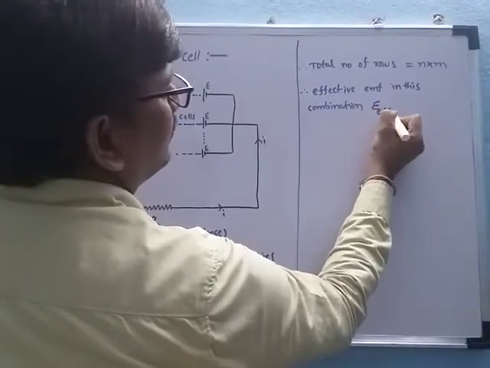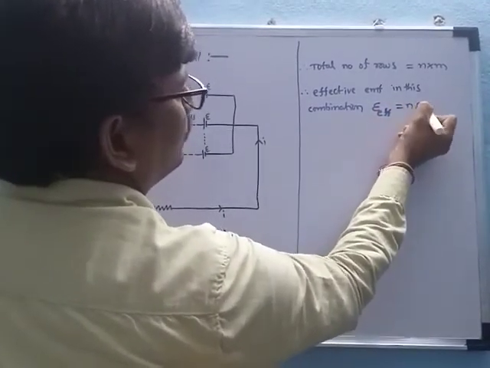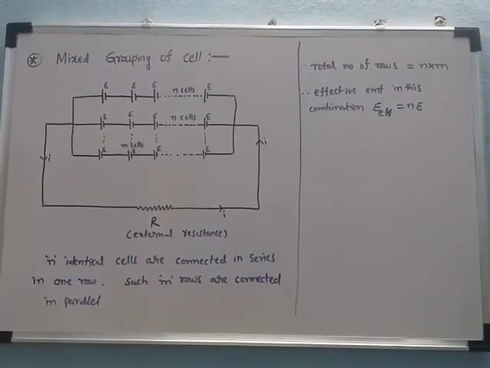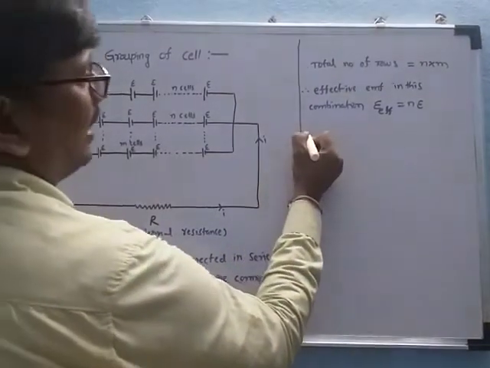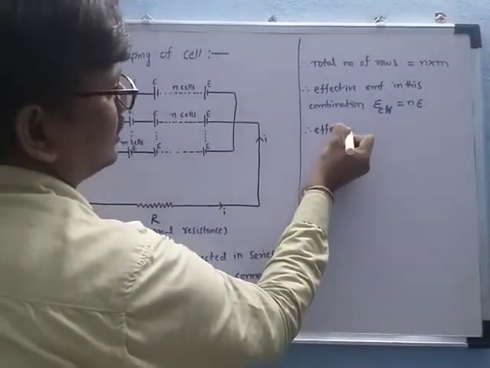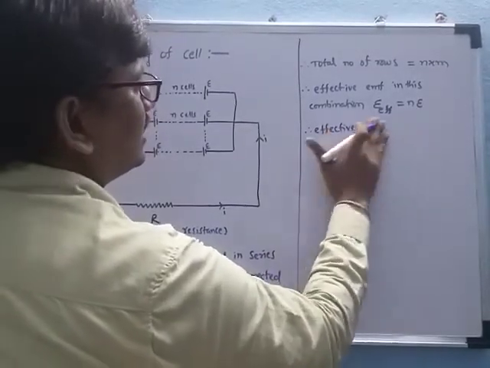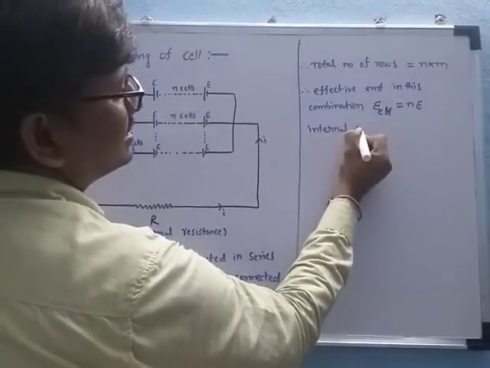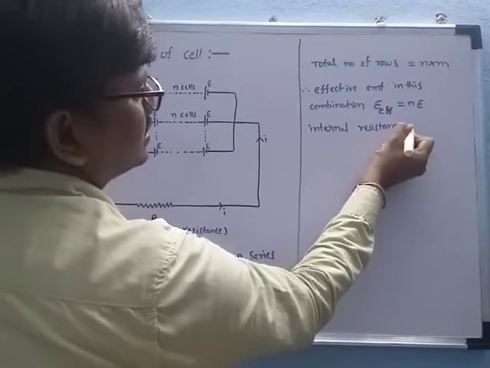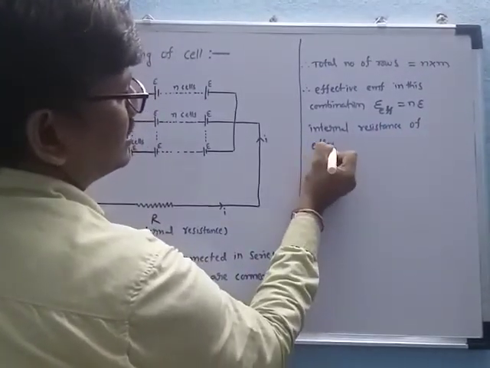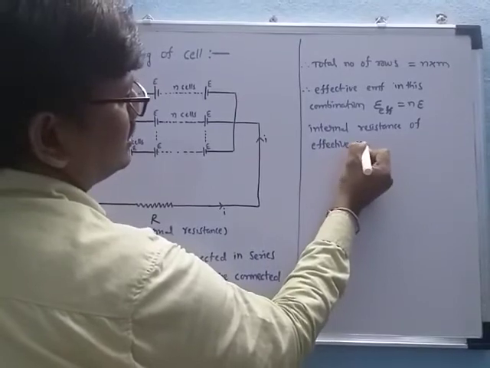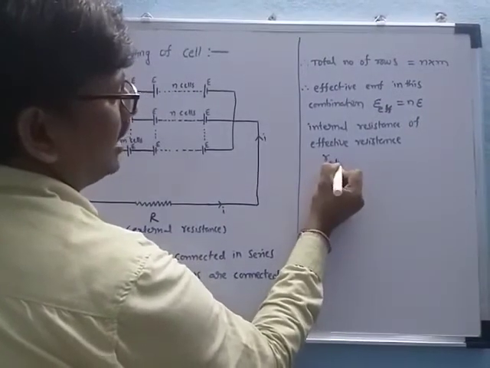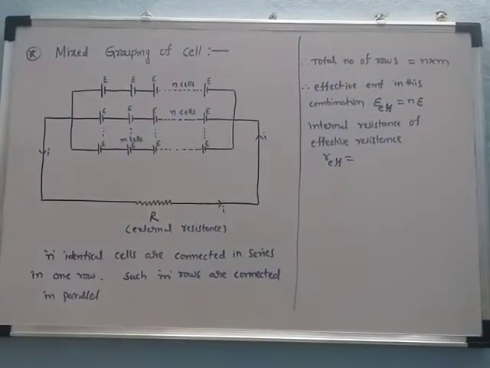The effective EMF is equal to, what we can write here, the formula n into E: the number of cells into the EMF of each cell. Then the effective internal resistance, R effective.